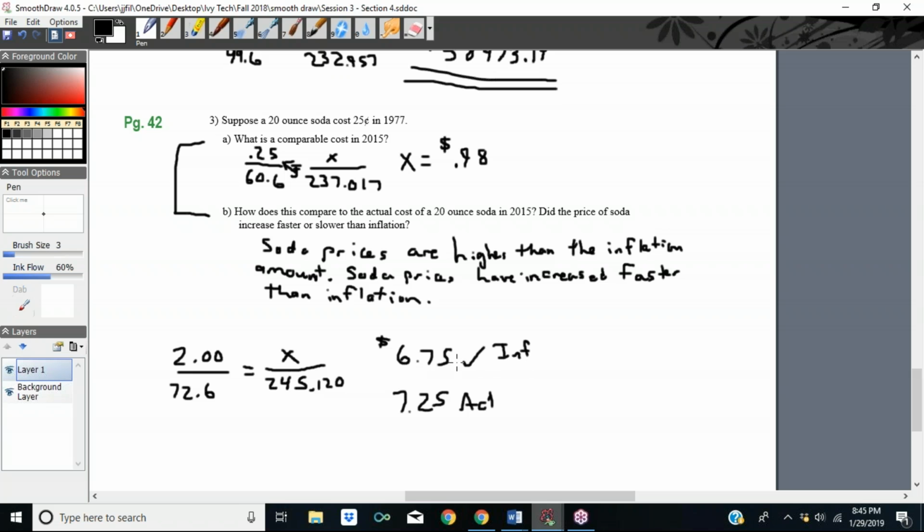We really want to know what the inflation dollar amount is for the minimum wage, because the next question would be, if there were a next question, did the wage keep up, and make a statement about it. We can say that the minimum wage is actually 50 cents higher than it would have been if it were keeping up with inflation. So even though it's the same idea, you want to make sure you're doing it correctly, investigating what the new dollars would be, the new price or the new wage, because that's what we want to be able to use to compare.